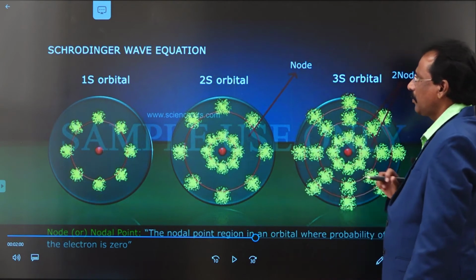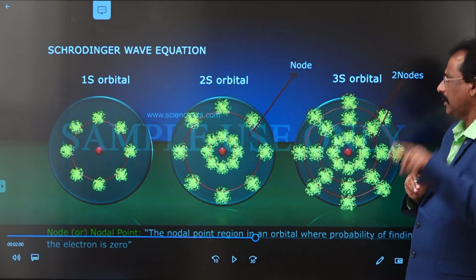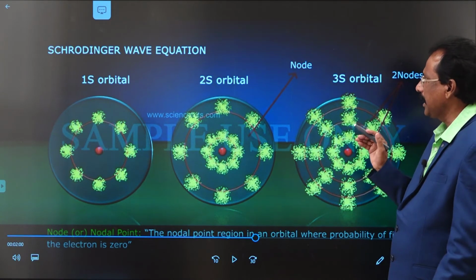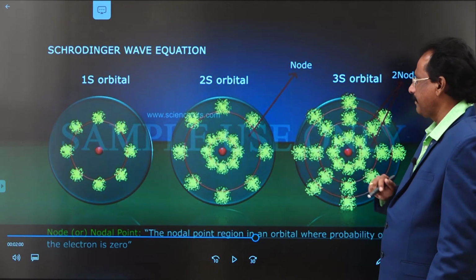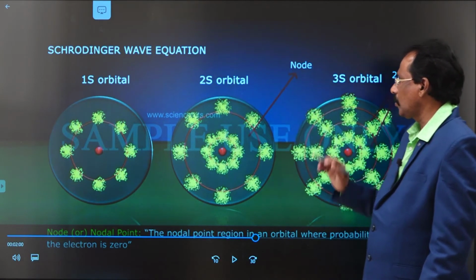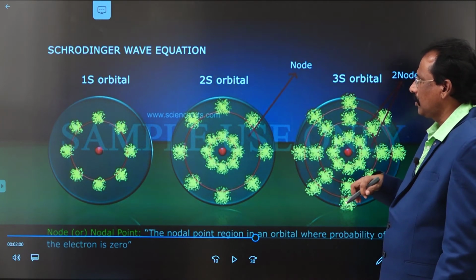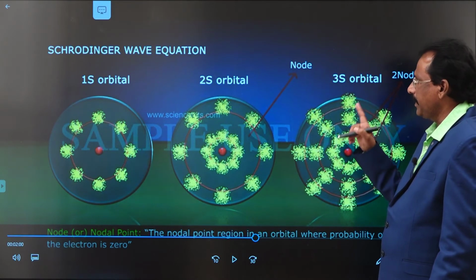That means for 2s orbital, there is only one spherical node. See here, the formula is n minus l minus 1. Apply the formula. n is equal to 2 for 2s orbital. For s subshell l is equal to 0. 2 minus 0 minus 1, that means 1.